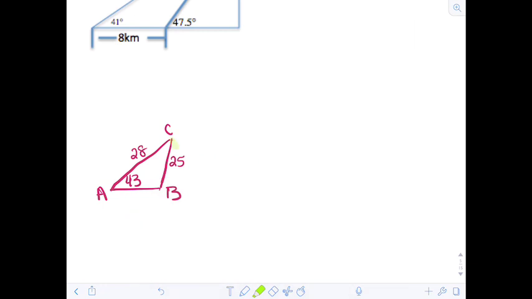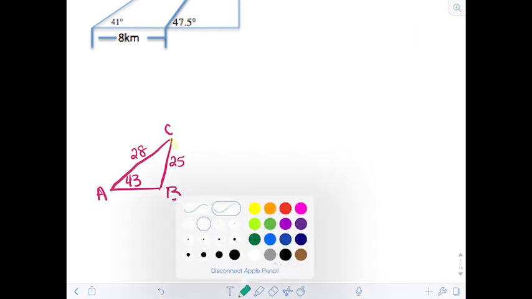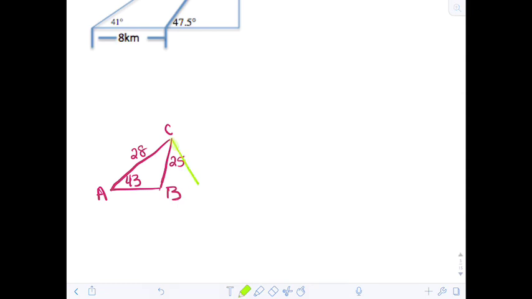This was here. What we originally had was the other 25 was out here. And we found this angle to be 50. But then when we swing this in, this angle is also 50. So to find this obtuse angle, 180 minus 50 gives me a 130 degree angle.